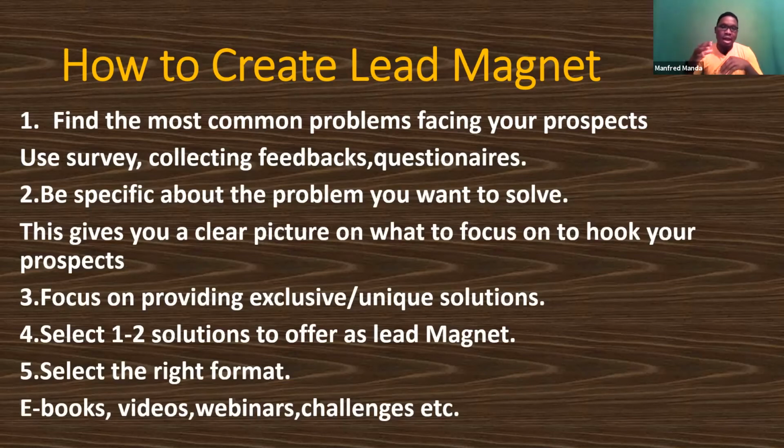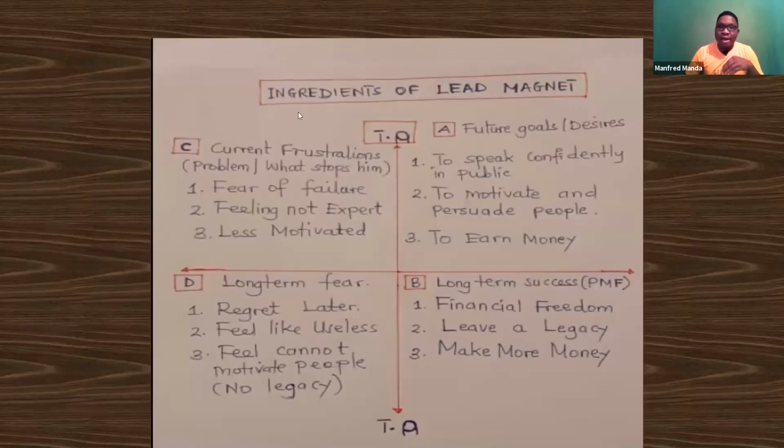What do they like? So these are the ingredients of a lead magnet. When I prepare my lead magnet about public speaking, these are the things I look upon. So these are the ingredients of my lead magnet.